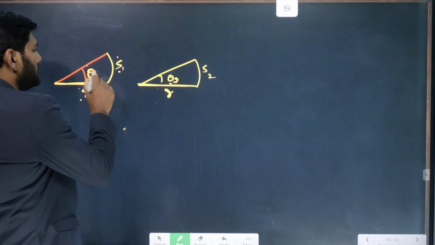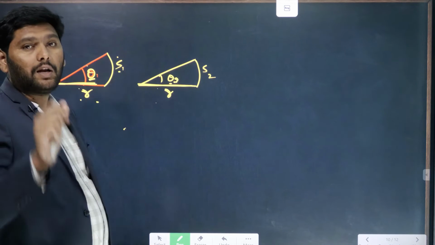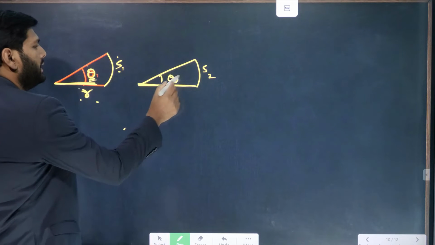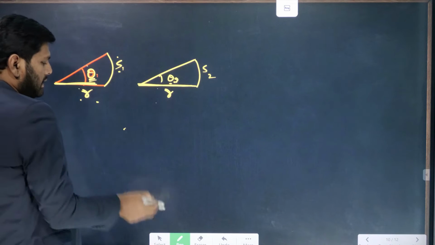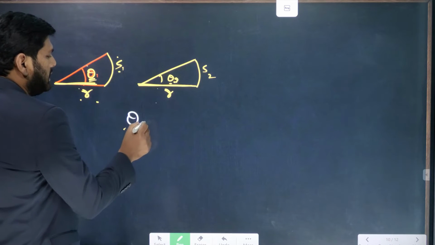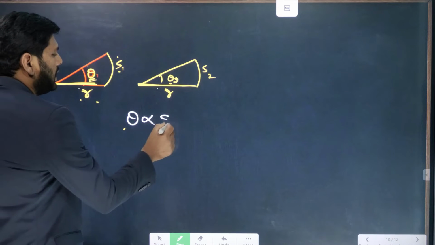When you increase this angle, the arc length also increases. Before, when increasing the angle, the radius decreased, by keeping the arc length constant. Now by keeping the radius constant, when you increase the angle, the arc length also increases. So theta is directly proportional to arc length.